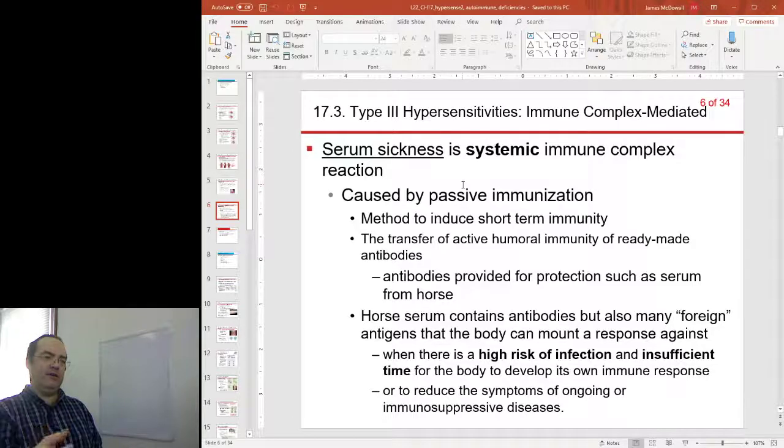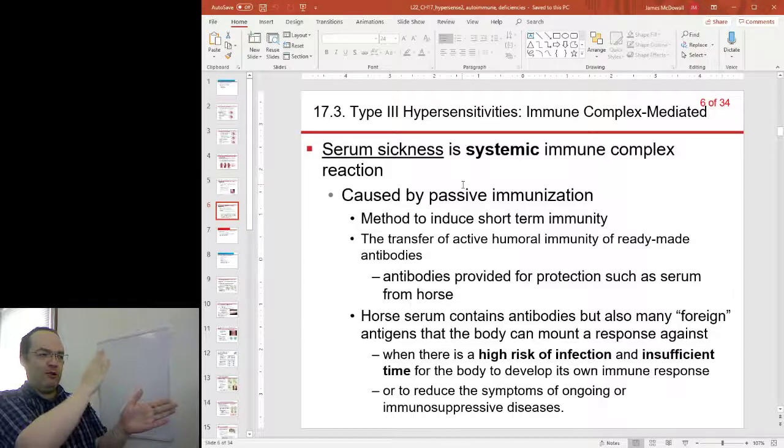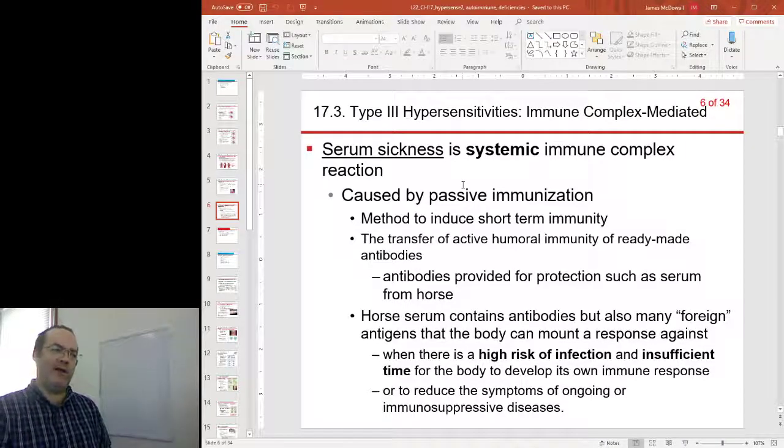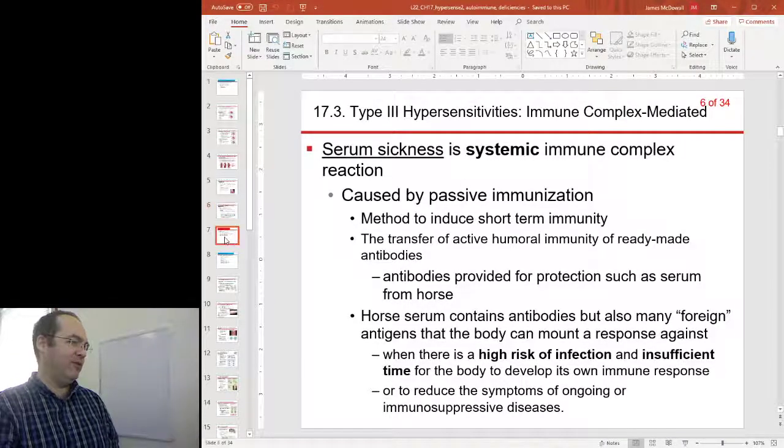Under certain circumstances, you get this shot of passive immunization. You get the shot of non-human antibodies, and although those non-human antibodies deal with the short-term problem, they themselves are the target of an immune response, and they themselves can trigger the formation of immune complexes.